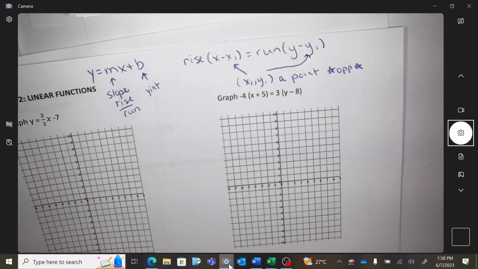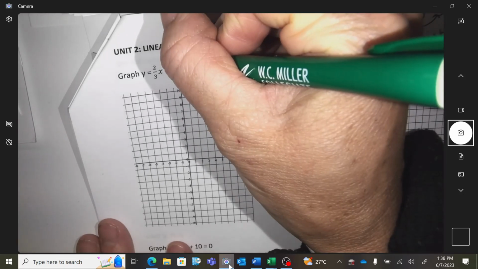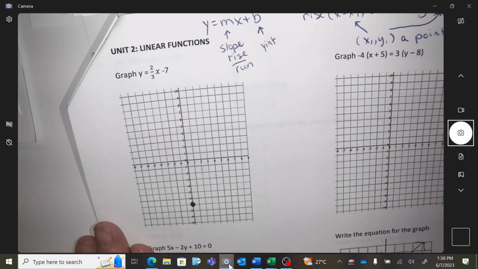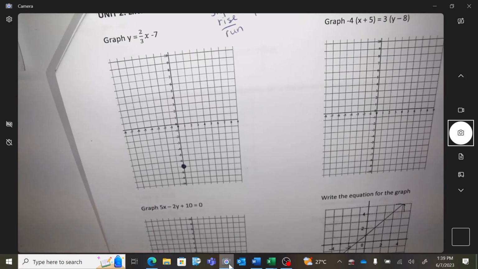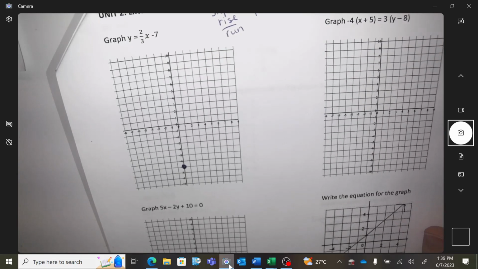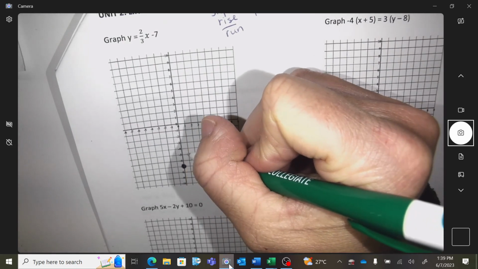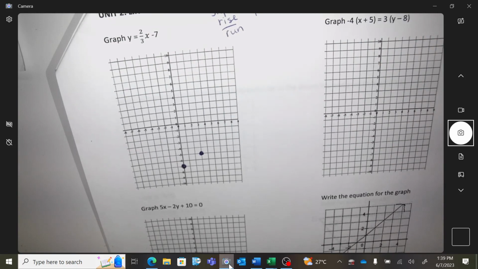Okay, here we go. So I'm going to start. -7 is my y-intercept. I am going to go up to 3 right and draw another point.